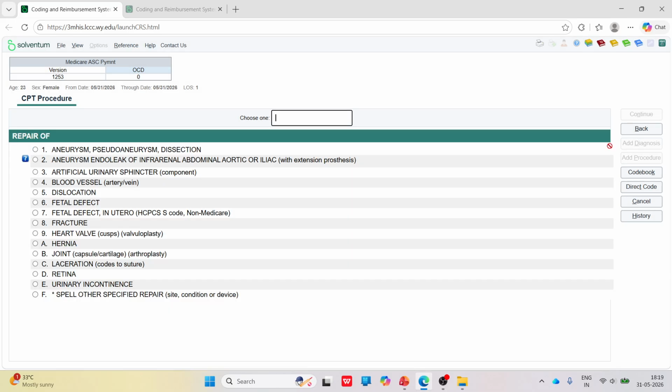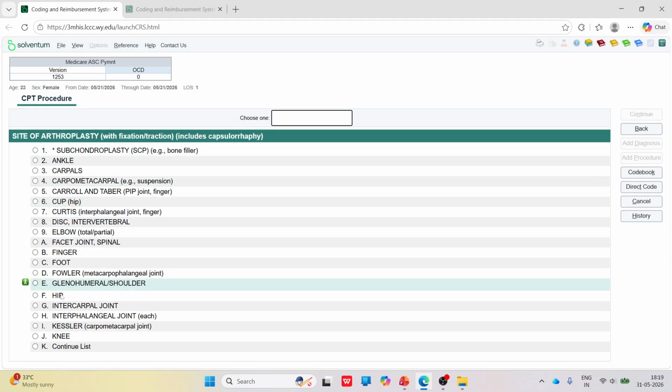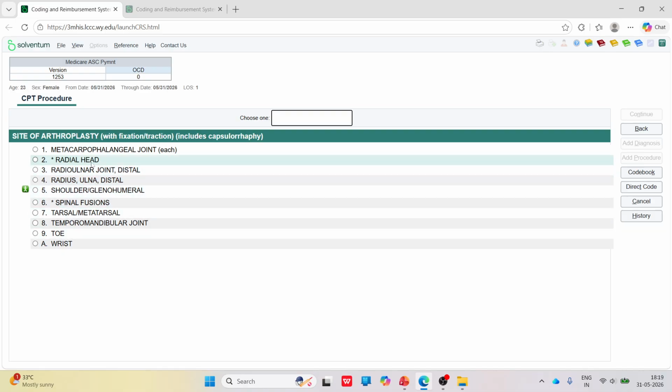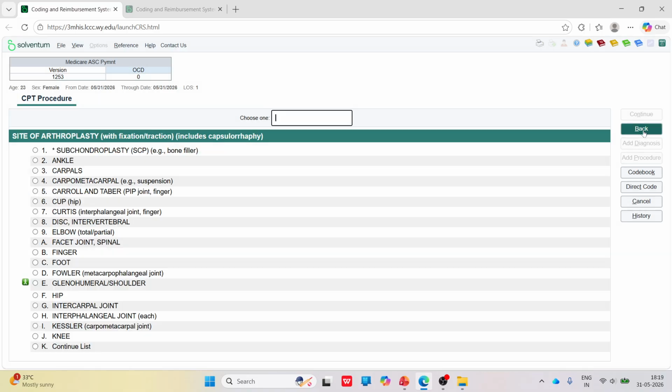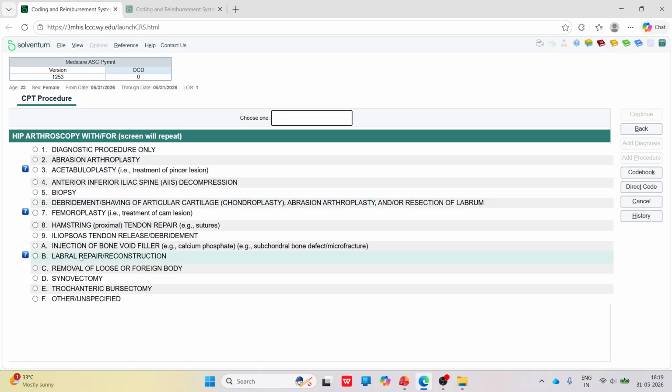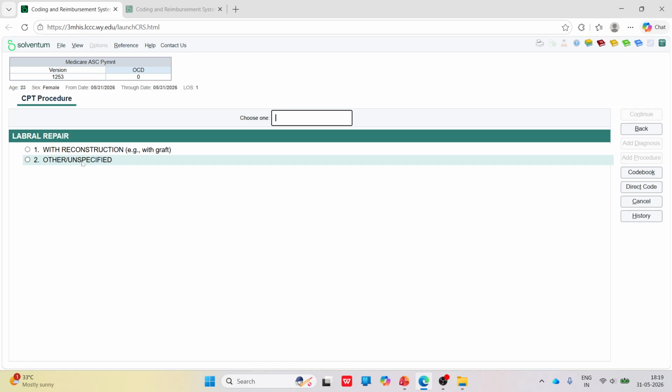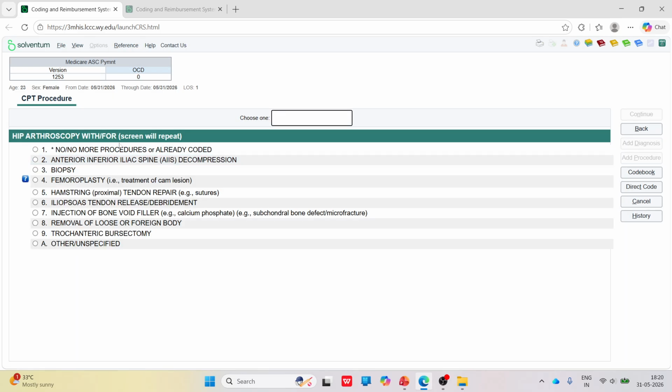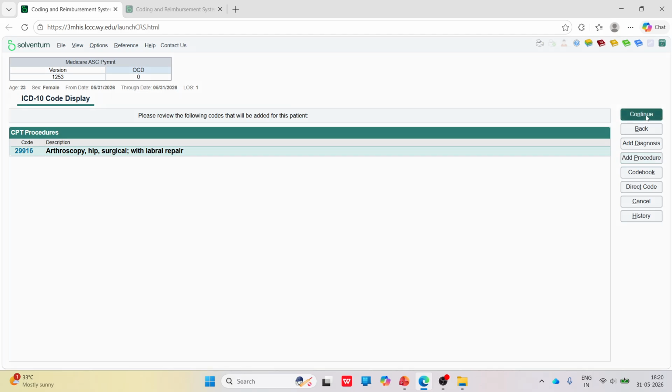Repair. It's in labral repair. That's why it's not coming. Labral repair. Okay. Any reconstruction? No. Other specified. Okay, so no more procedures. 29916.